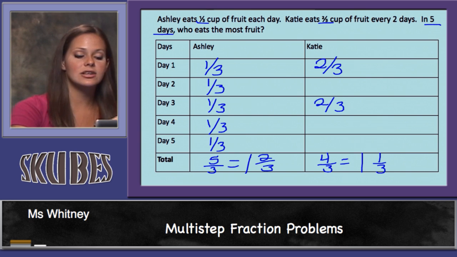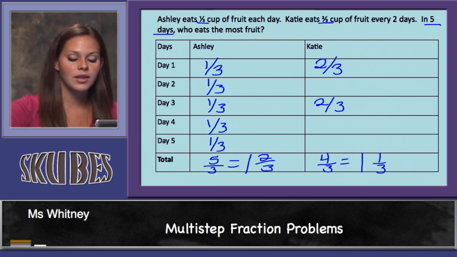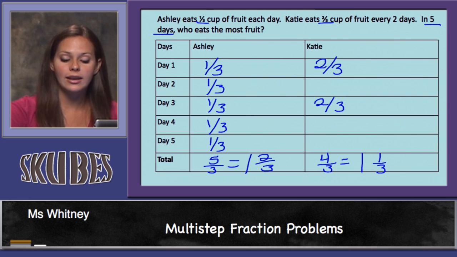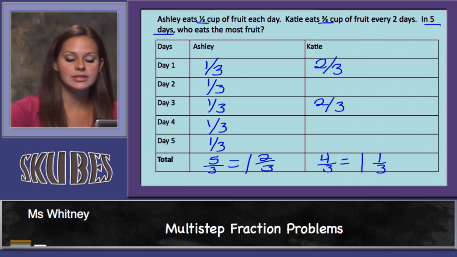Our question asks, who eats the most fruit? 1 2/3 is greater than 1 1/3, so Ashley eats the most fruit. And this concludes our lesson on multi-step fraction problems.